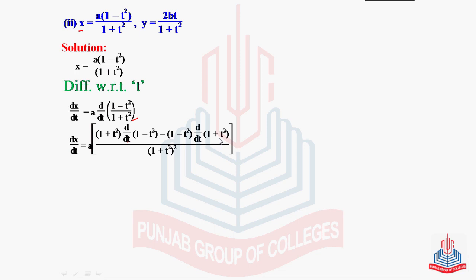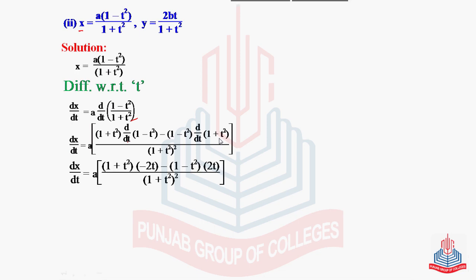So 1 plus t square will be as it is, and for the derivative of 1 minus t square, 1 is the constant term, so its derivative will become 0, and the derivative of t square will become minus 2 into t by using our power rule.